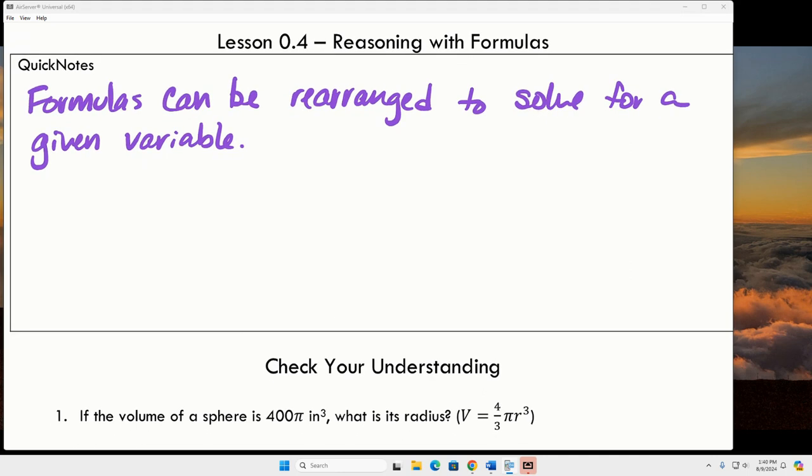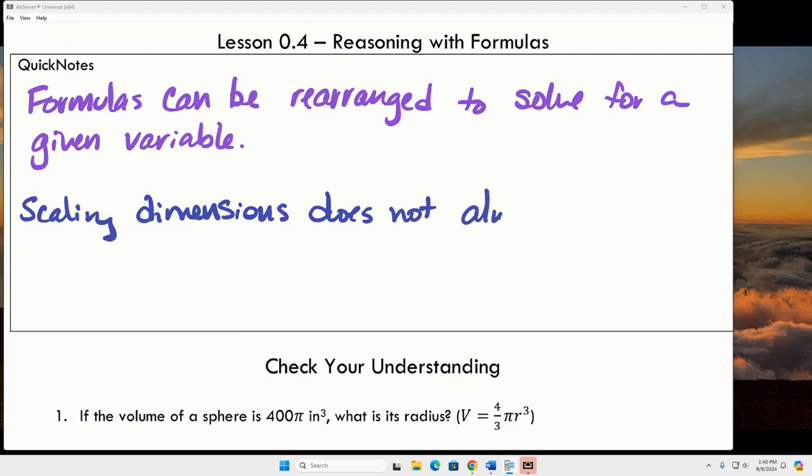All right, and then we kind of already figured this out with the radius being squared. But scaling dimensions does not always affect volume proportionally.